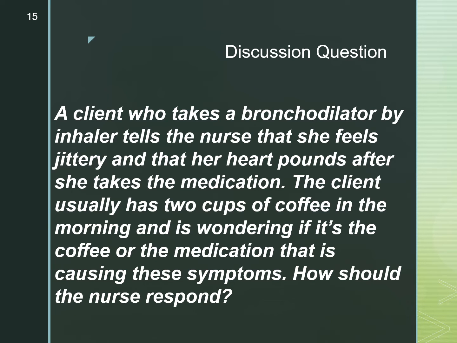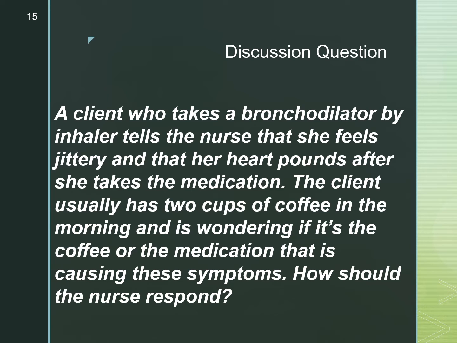Well, first of all, we need to explain that the bronchodilator will relax smooth muscle in the airways, but it does cause some central nervous stimulation, which affects the heart rhythm and produces tachycardia or tremoring. Excessive caffeine should be avoided when using bronchodilators because it can increase that central nervous stimulation.